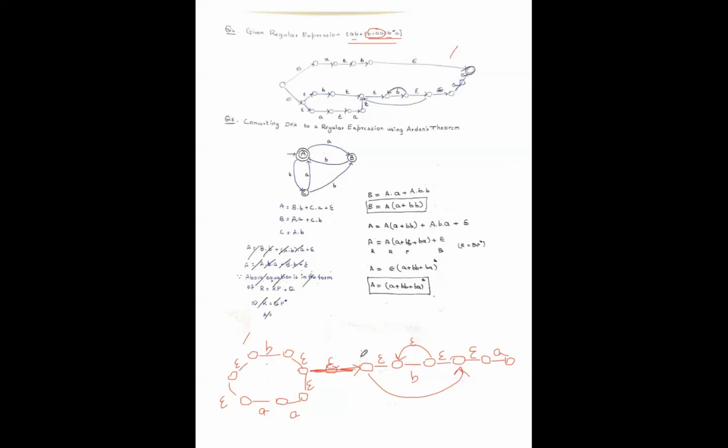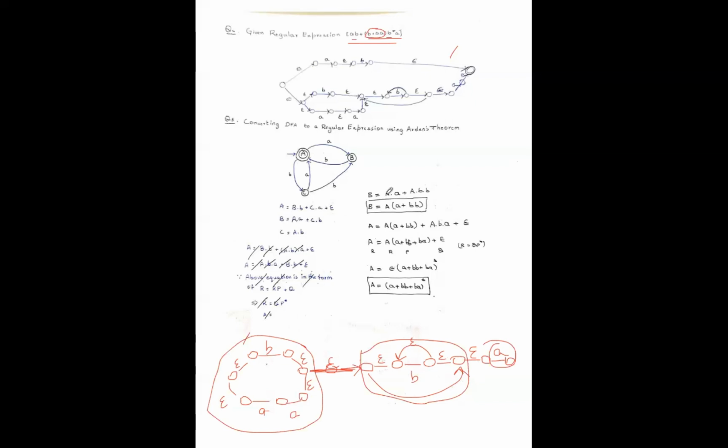So B star is represented in this way. And this is B plus A. So you need to multiply both the terms. And here B star is again multiplied with A. So you can see epsilon in the middle. So that is the notation. So you need to go through all the three rules for drawing this.